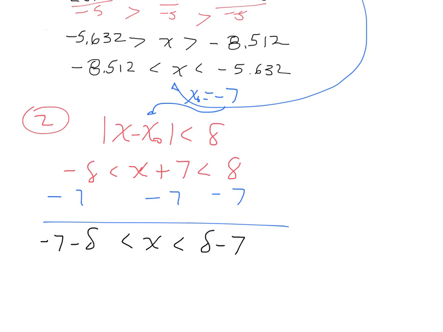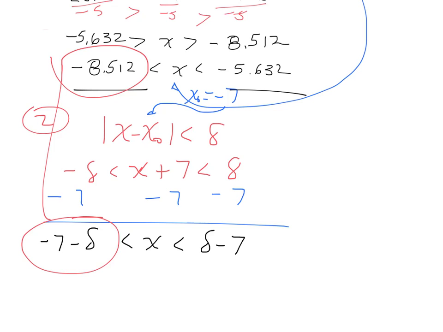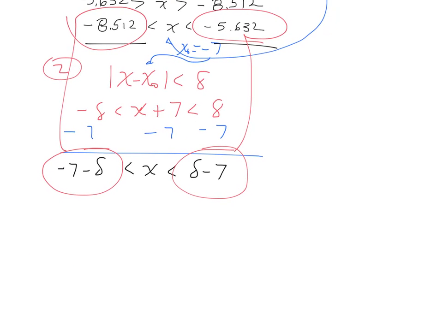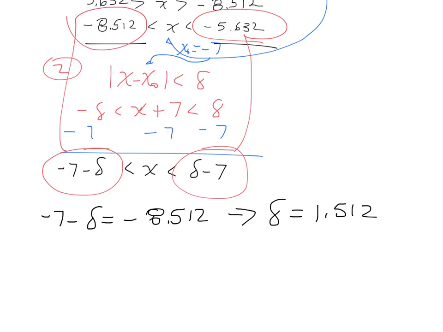This is why it's nice to turn these around. You're going to match the lower value to the lower value in my x interval, and the upper to the upper, and see which distance is smaller, where distance is absolute value, so we don't care if they're negative. So negative 7 minus delta equals negative 8.512, so delta equals 1.512.